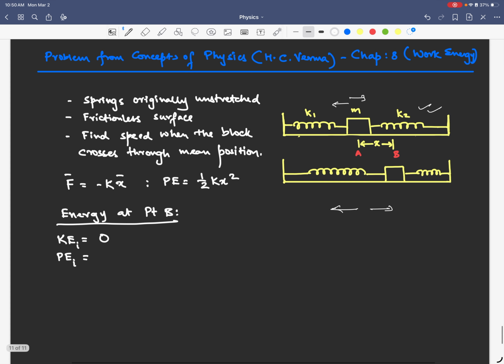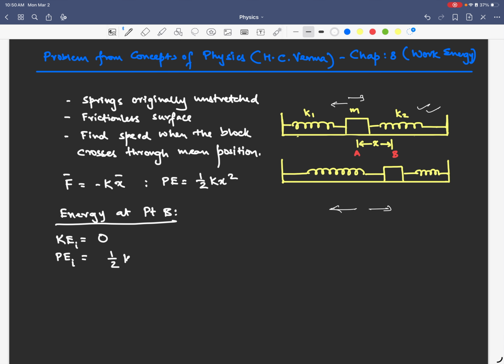So we could just say that it's half k1 x square plus half k2 x square. Now the extensions are the same for both the springs, so this is the expression for the energy.